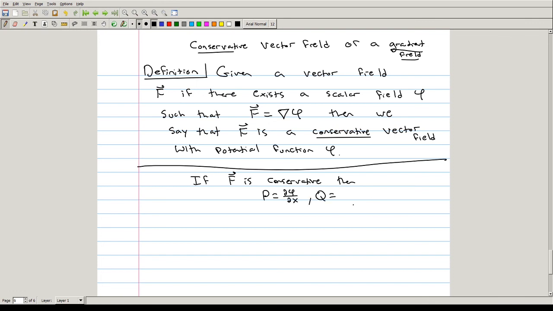The y component of the vector field F is given by the y partial derivative of some potential function phi. And in 3D, the z component of the vector field is also given by the z partial derivative of some potential function phi.